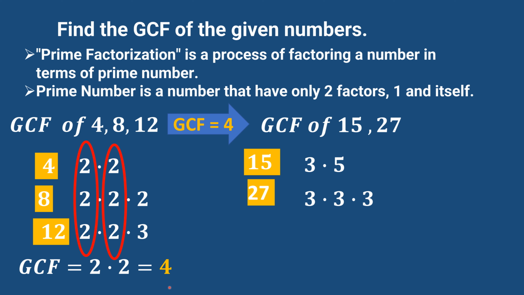Among the two numbers, 15 and 27, only 3 is common to the two. So the GCF of 15 and 27 is equal to 3.